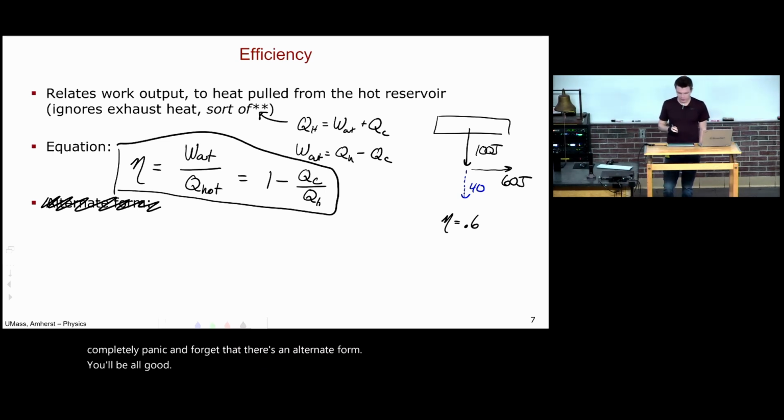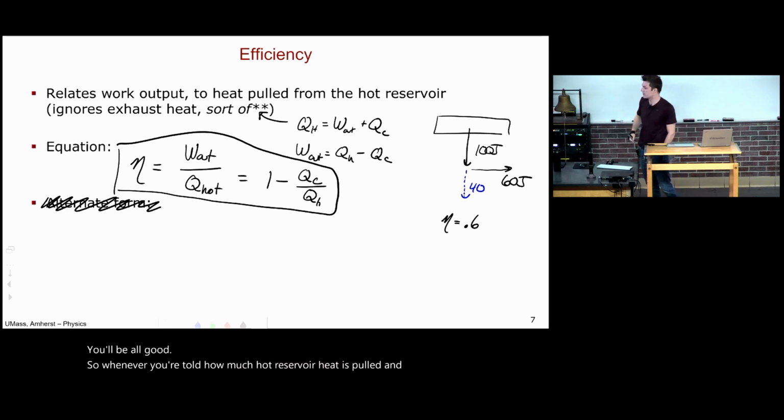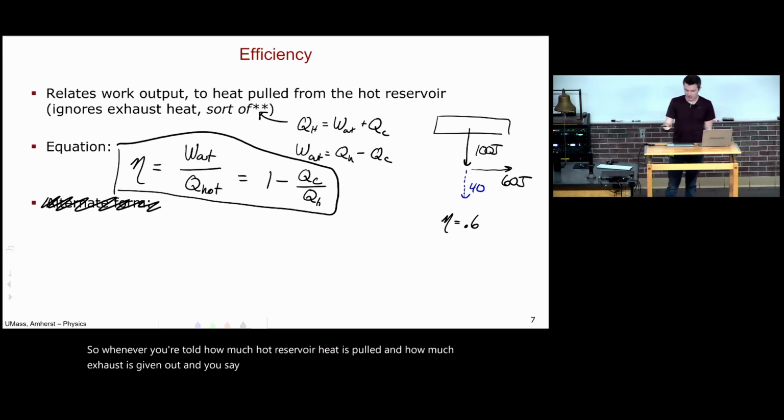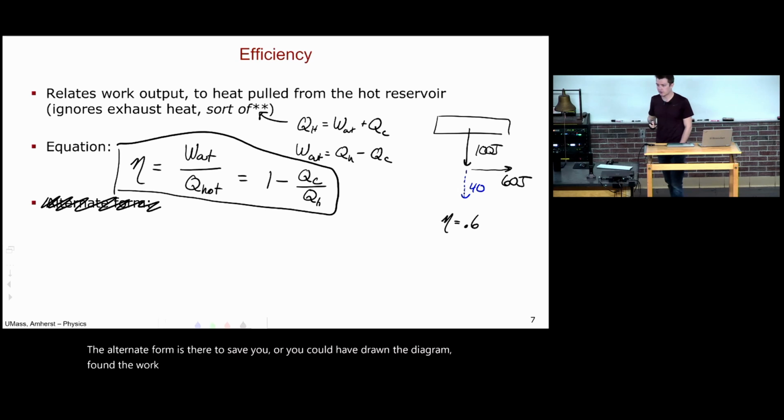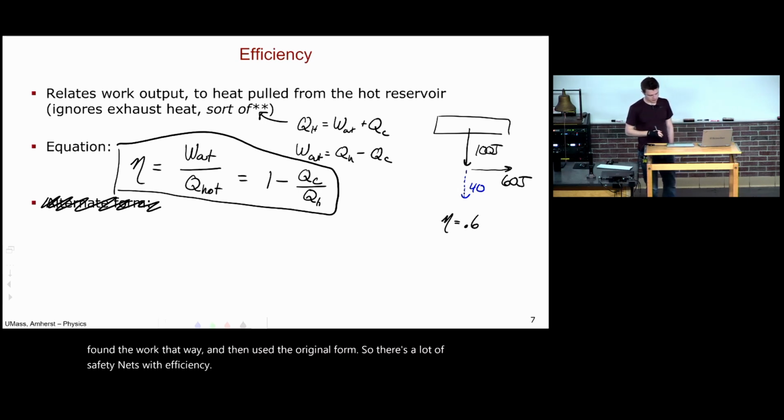So whenever you're told how much hot reservoir heat is pulled and how much exhaust is given out, and you say, oh, I don't have work out, I can't find the efficiency, the alternate form is there to save you. Or you could have drawn the diagram, found the work that way, and then used the original form. So there's a lot of safety nets with efficiency. Any questions on this?